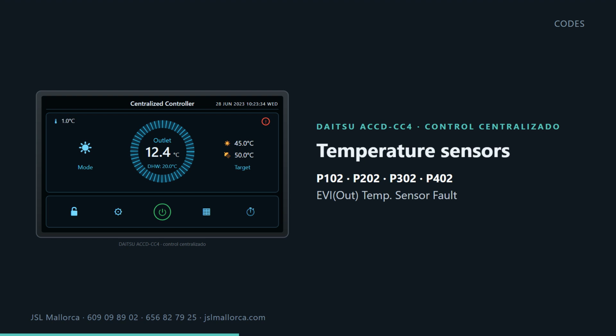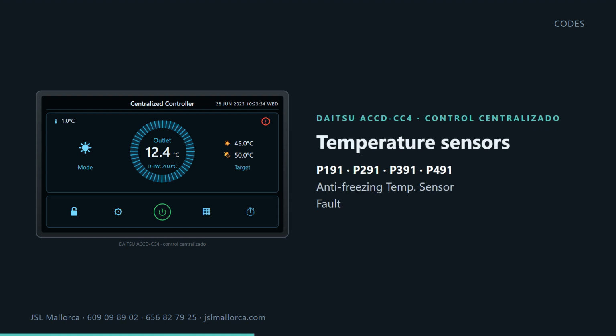EVI, out, temp sensor fault. It happens because the temp sensor is broken or short circuit. Codes P191, P291, P391 and P491. Antifreezing temp sensor fault. It happens because the temp sensor is broken or short circuit.